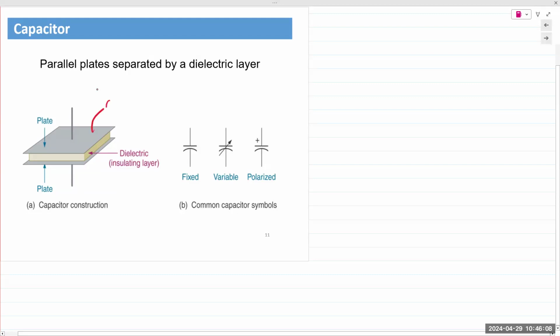So this is a conducting plate, and the other end also a conducting plate separated by an insulating material. The symbol for a capacitor is simply two parallel lines of equal length.